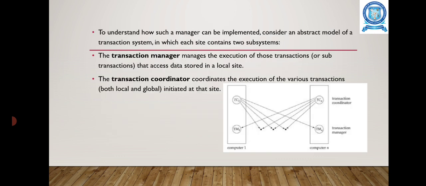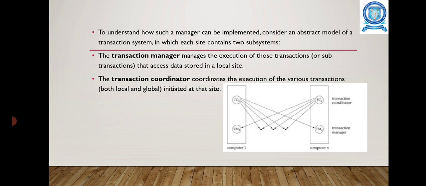To understand how such a system can be implemented, consider an abstract model of the transaction system in which each site contains two subsystems. First one is the transaction manager, then second one is the transaction coordinator. The transaction manager manages the execution of those transactions that access data stored at a local site.